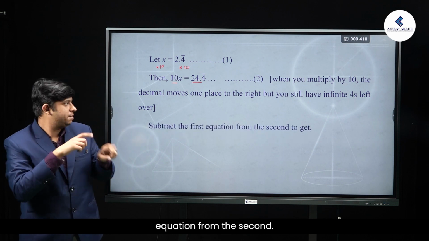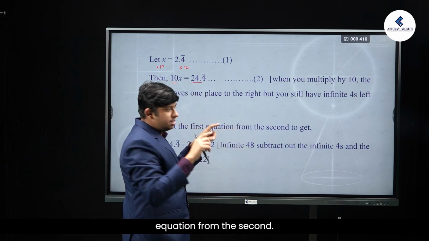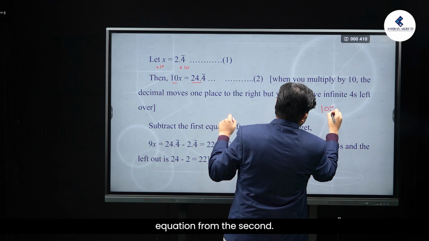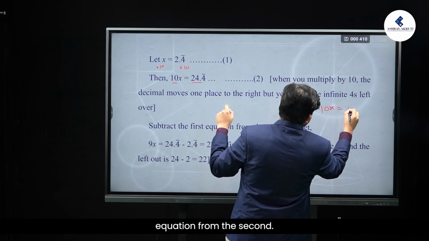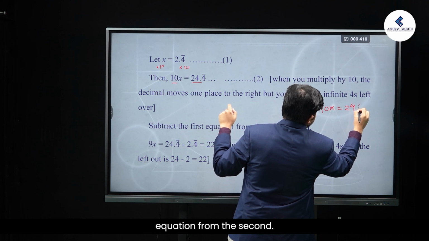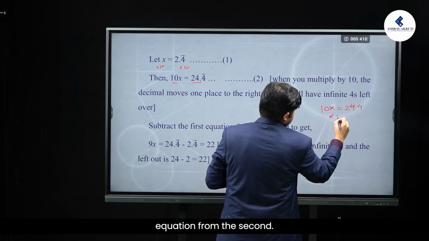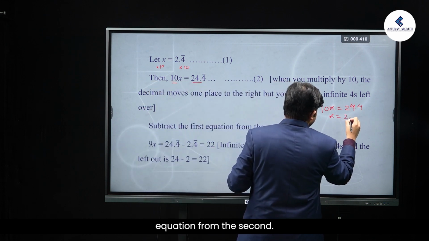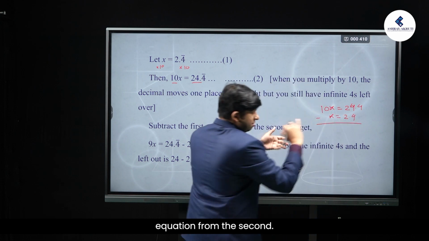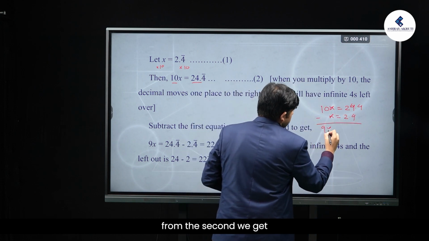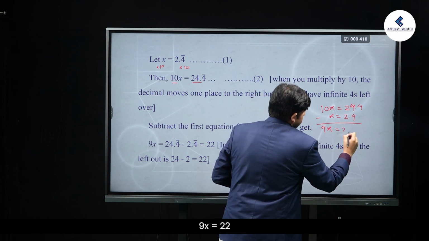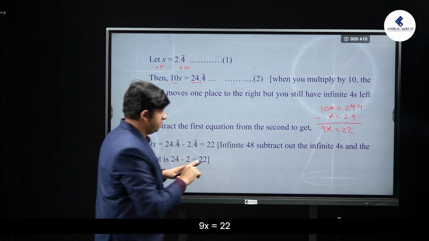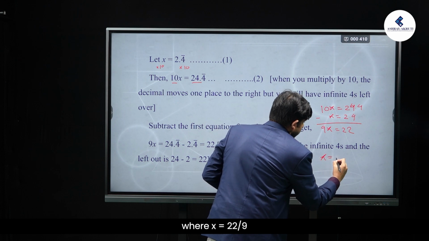Subtract the first equation from the second. Subtracting the first equation from the second, we get 9x is equal to 22, where x equal to 22 by 9.